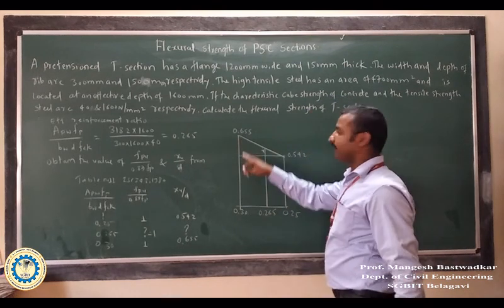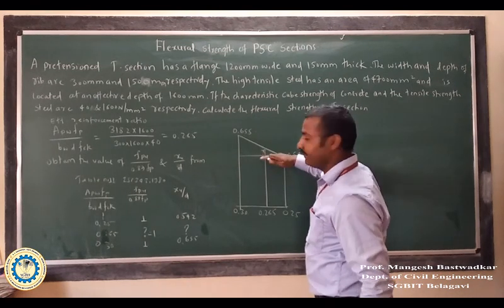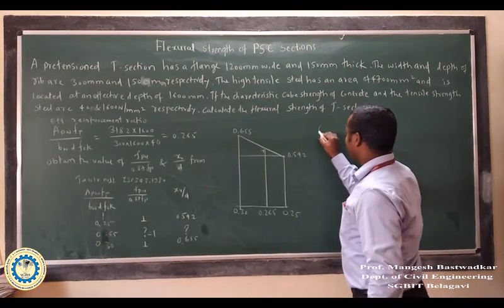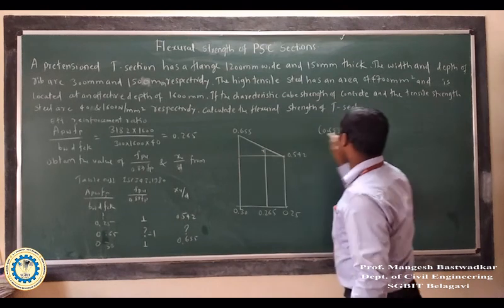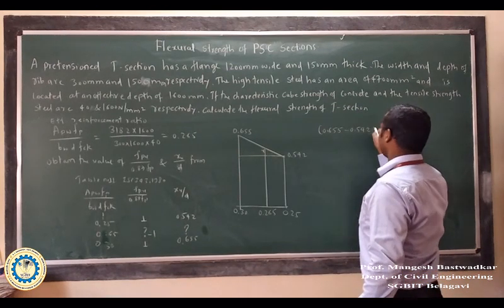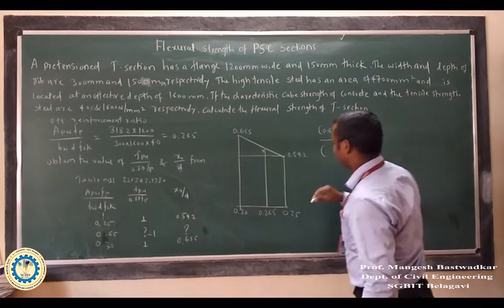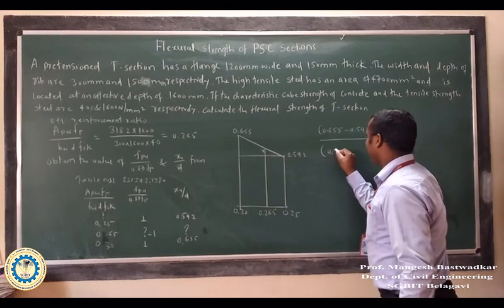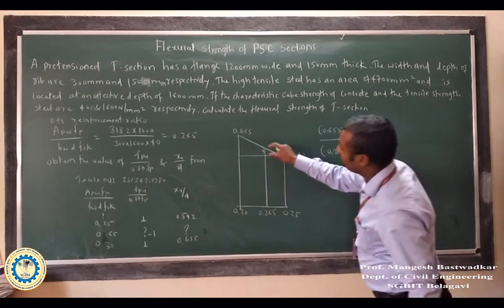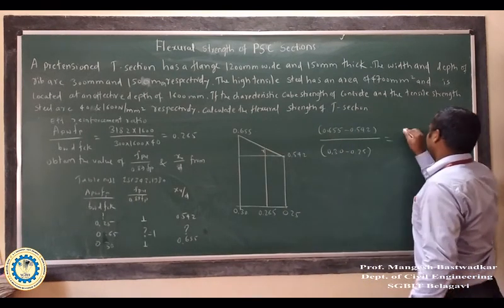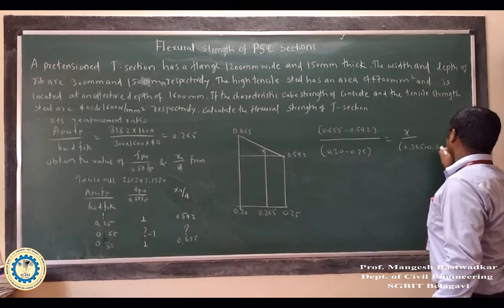From the properties of similar triangles, we can calculate this X. This height divided by this base is equal to this height divided by this base. So 0.655 minus 0.542, divided by the base, 0.30 minus 0.25, is equal to X divided by 0.265 minus 0.25.